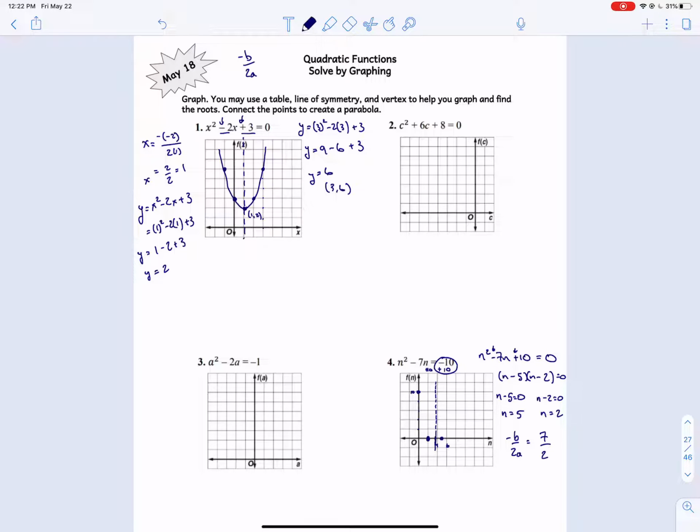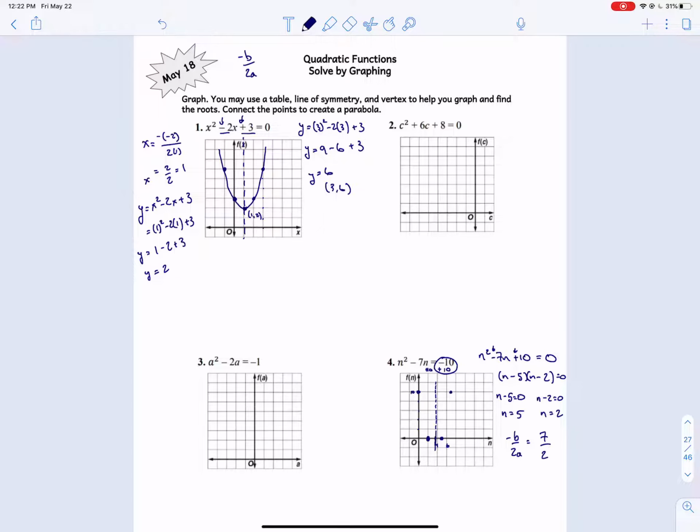So then the 10 up here, that's 3.5 away from that line of symmetry. So we go 3.5 in the other direction, so it's basically at 7, which is here. So there's another point.